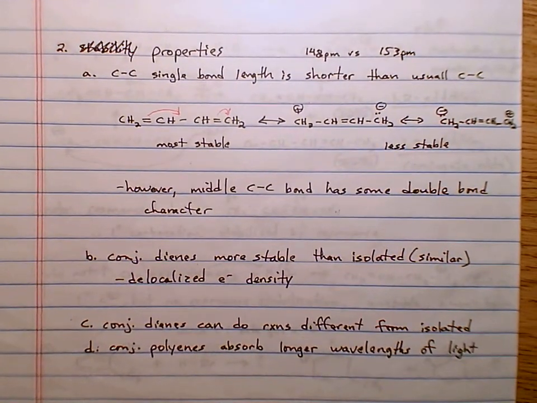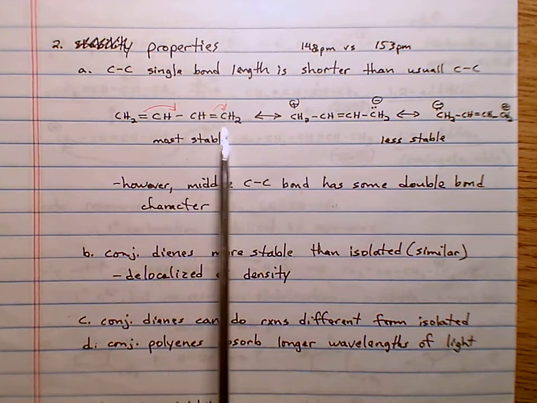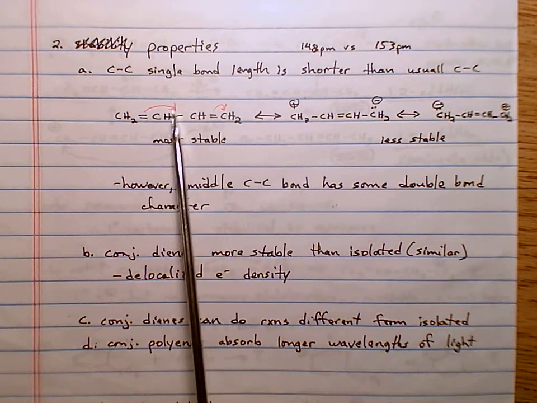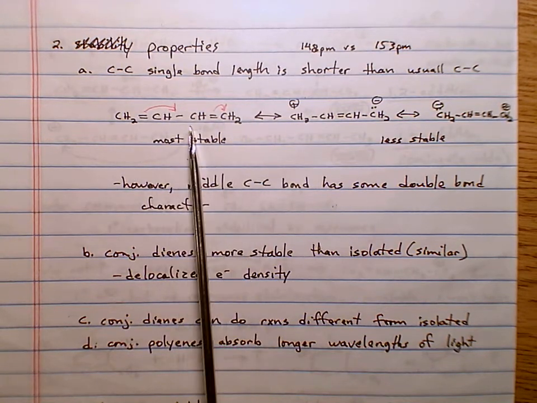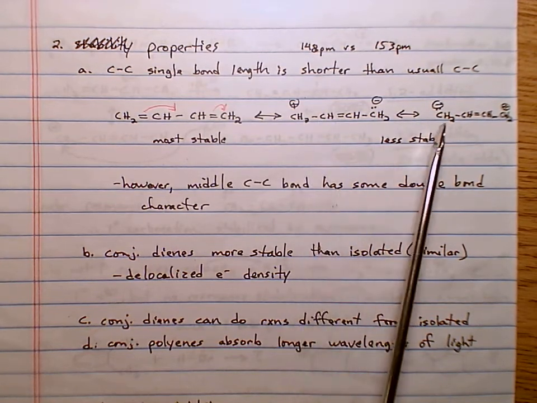So let's look at some properties of these conjugated dienes, and we've mentioned this several times before. I guess it must be important. When you have a conjugated diene, note we said this is the most stable resonance form, but you have these two resonance forms which are also available.